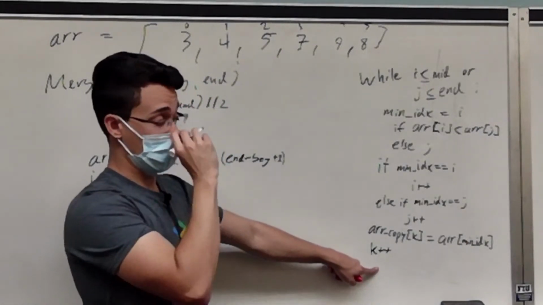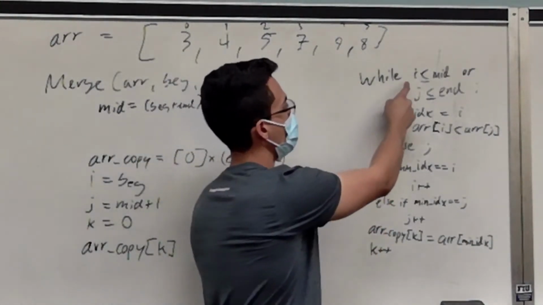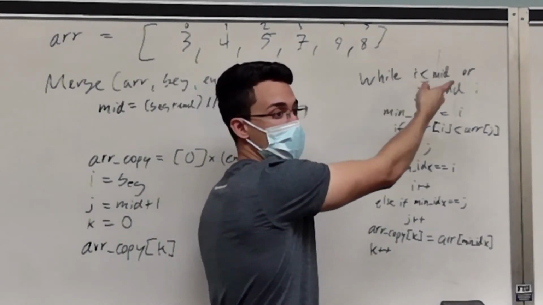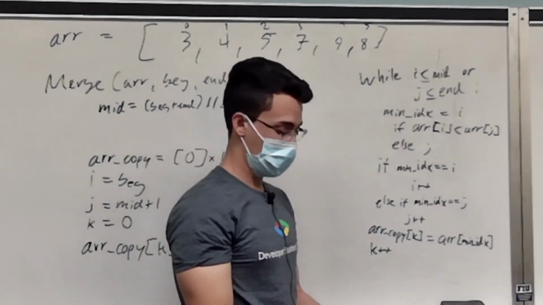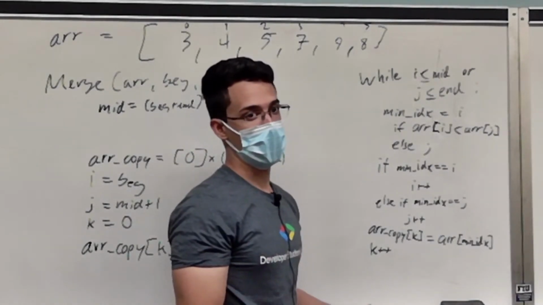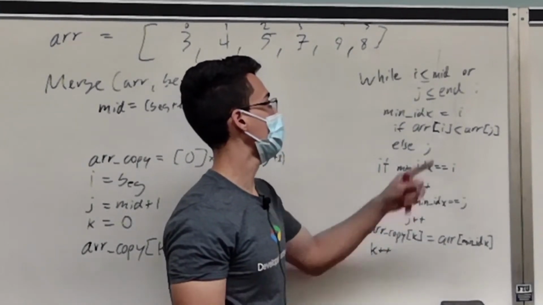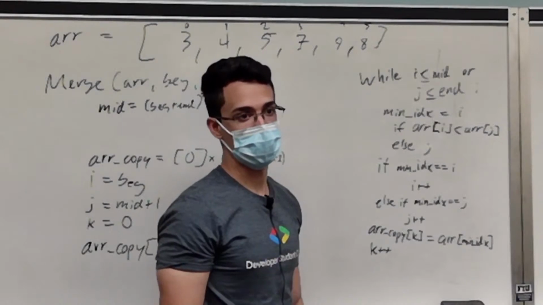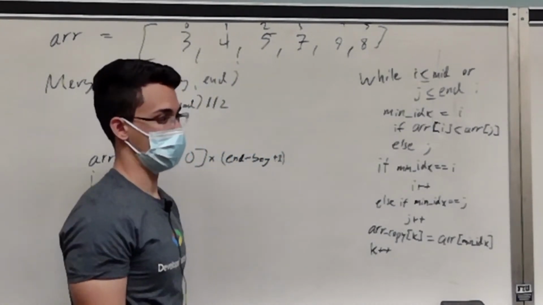All right. So then we're going to run into, so here we're moving both up. But it could be that I goes over first or j goes over first. So then, what would you do in that instance? If I goes over mid, or j goes over n, what would you do? I mean, it's supposed to stop iterating, I guess?